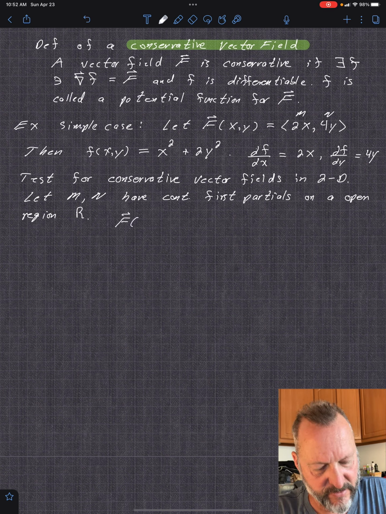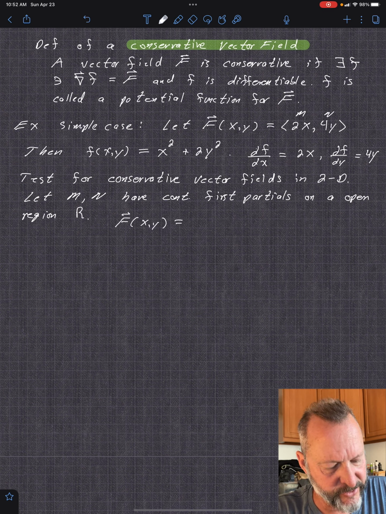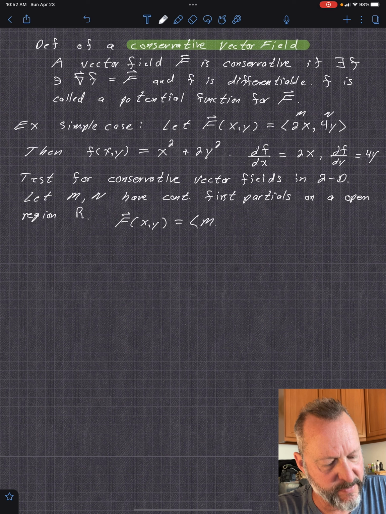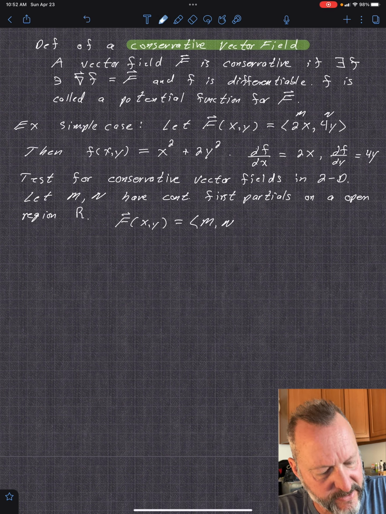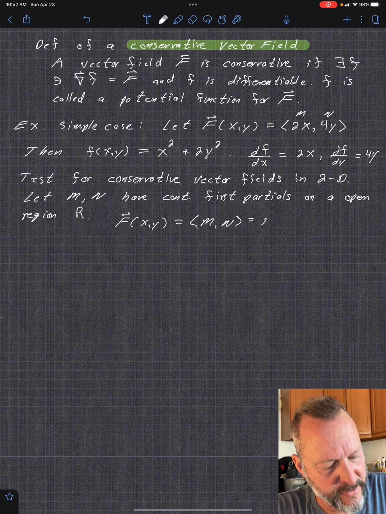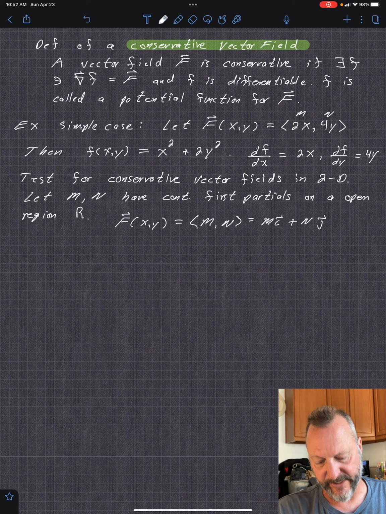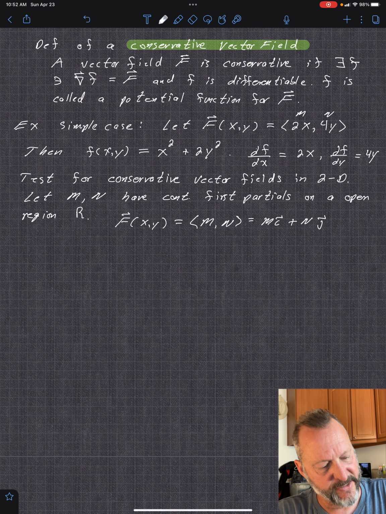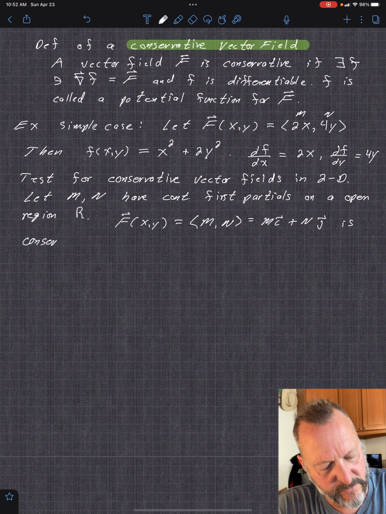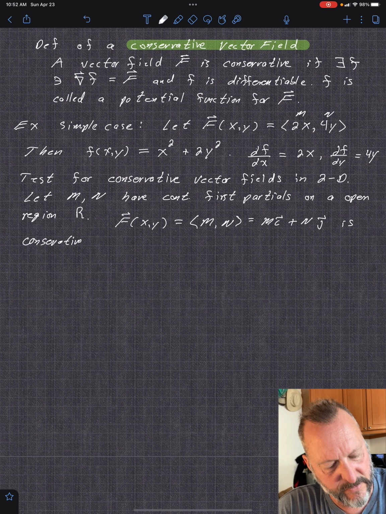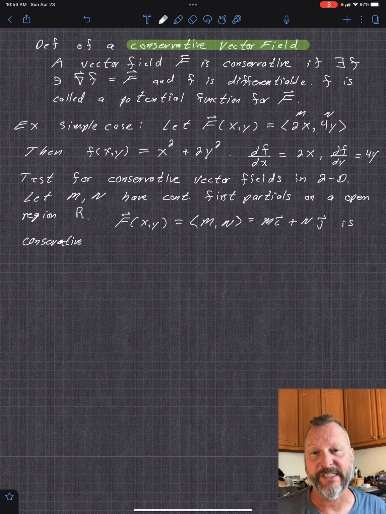F of xy equal to mn, or let's write that as mi plus nj, so that's just in 2D, is conservative. The definition means that the potential function exists.